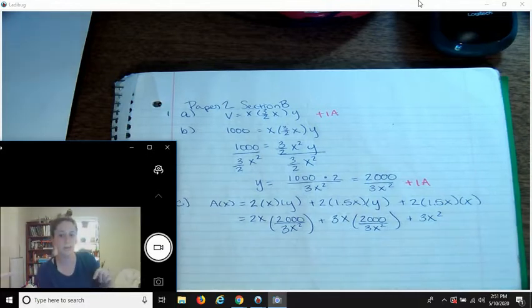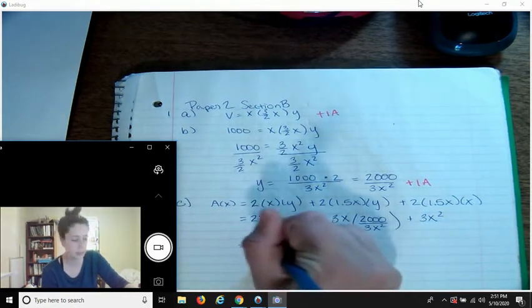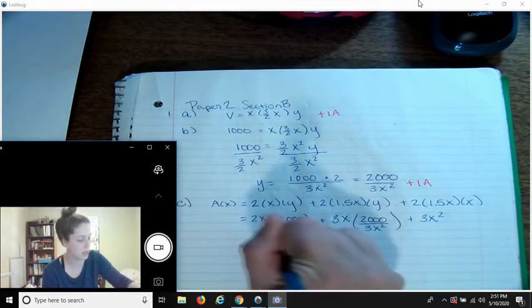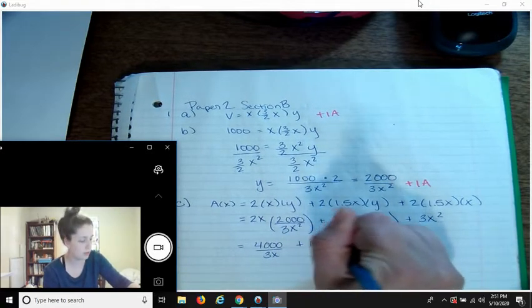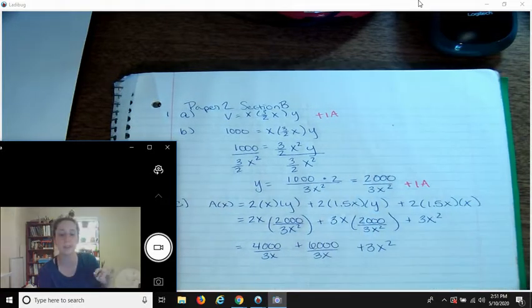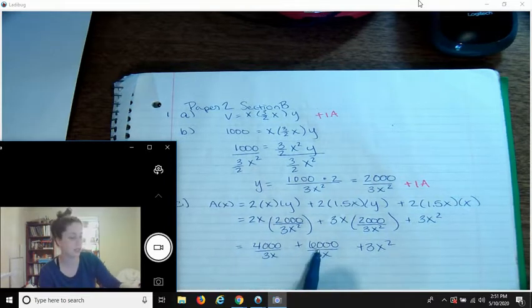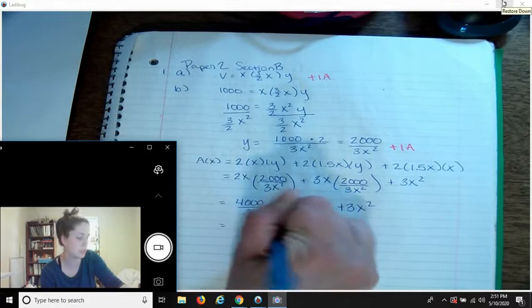Okay, now we need to do a little bit of combining. So I should get 4,000 over 3x right here, plus 6,000 over 3x right there, plus 3x squared. This is looking super promising because it's very similar to the answer. Combine these, 4,000 and 6,000 gives me 10,000. I can do that because they have the same denominator.